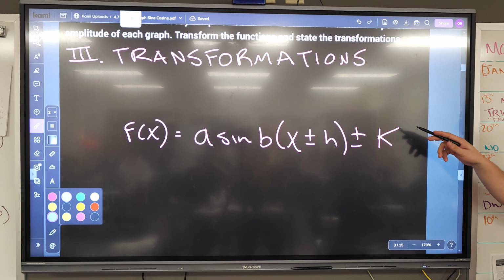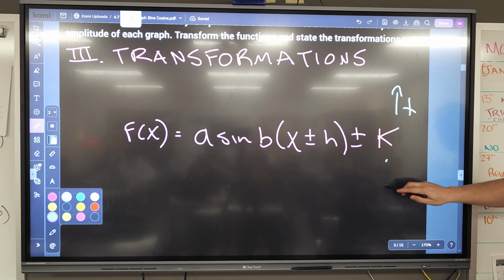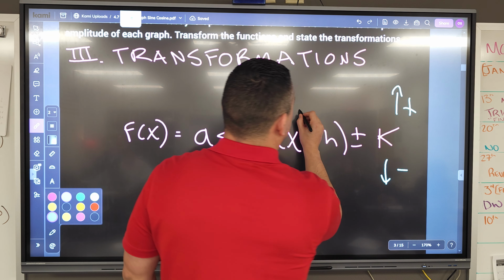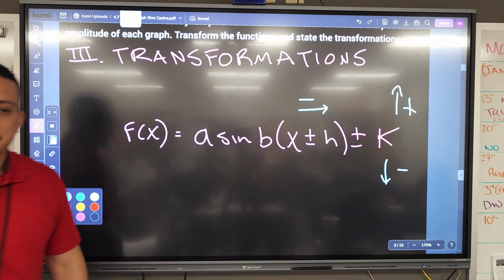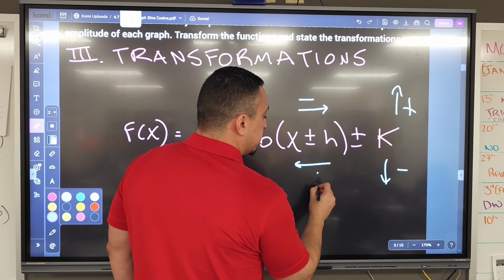What does a plus k do to any graph? Up and down. It's the same for these. Okay, you take that sine function, you just move it up, you just move it down. Okay. The h is the same, right is negative, but it's opposite. Remember, it's the opposite, right? And then left is positive.